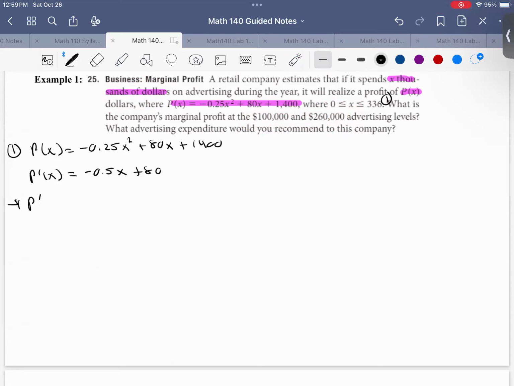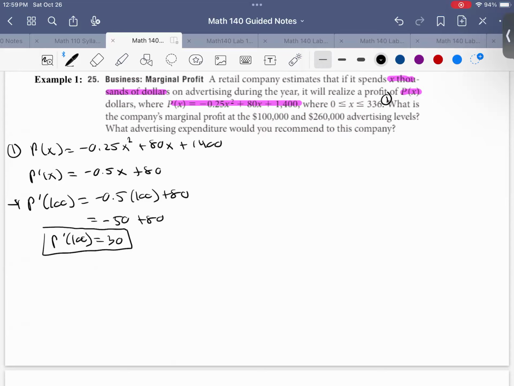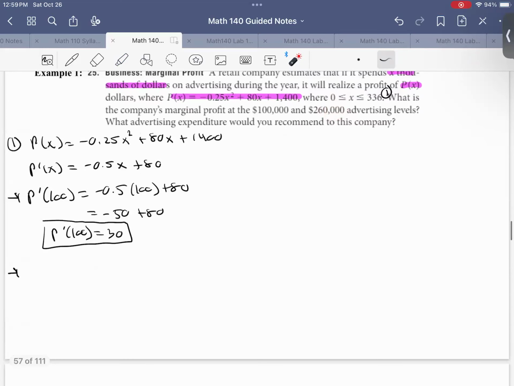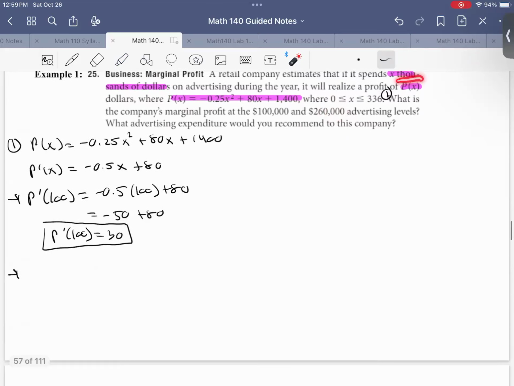Plugging 100 into our derivative, negative 0.5 times 100 plus 80. That ends up being negative 50 plus 80, which is just 30. So P prime of 100 equals 30. Now let's check out 260,000, and remember, I'm just plugging in 260 because x is thousands of dollars.